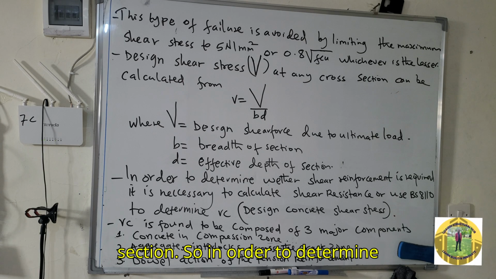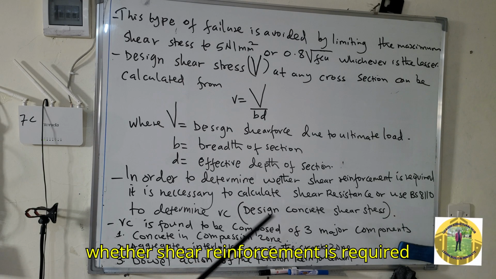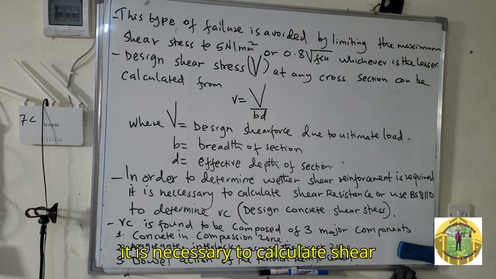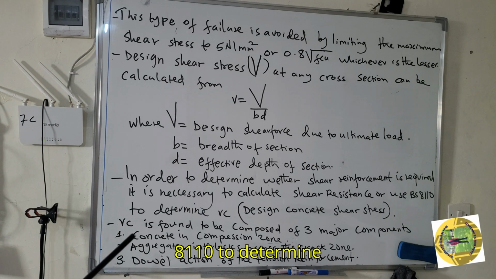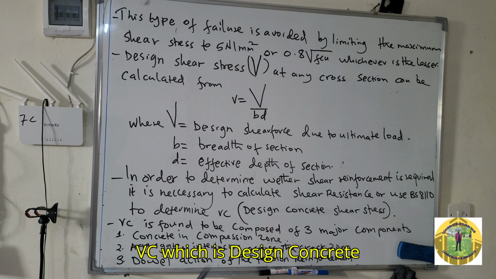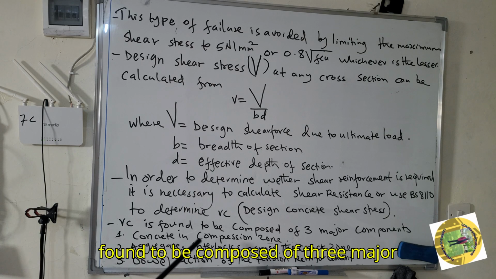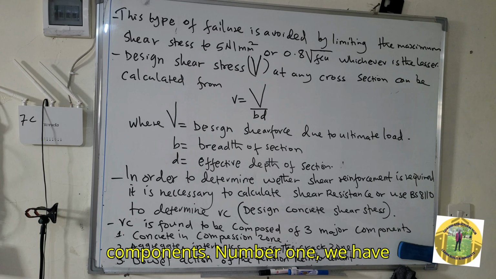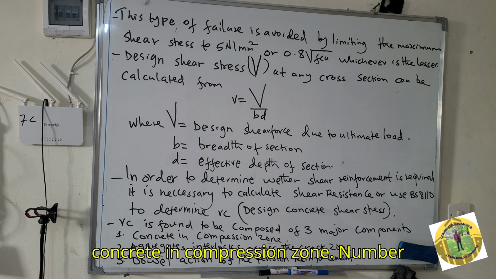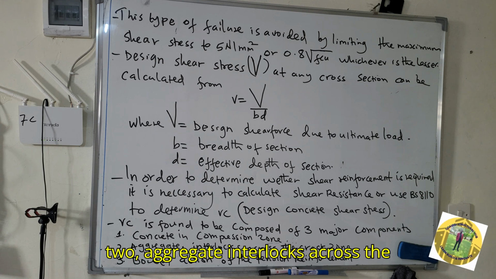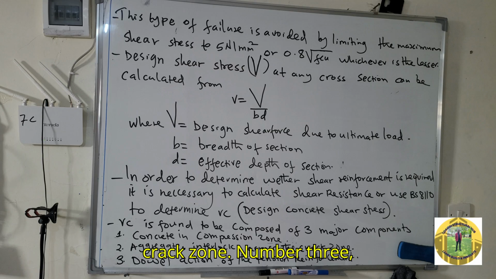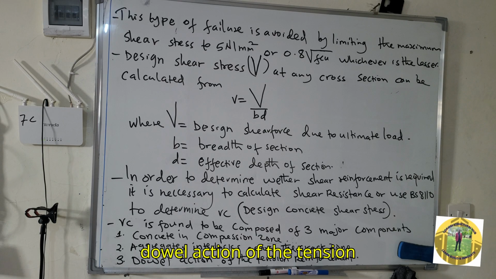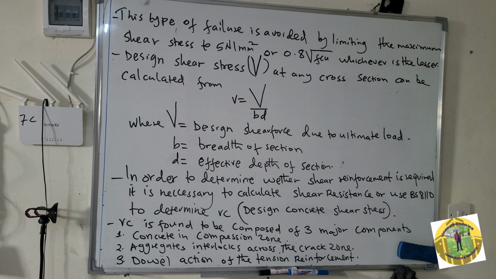In order to determine whether shear reinforcement is required, it is necessary to calculate shear resistance, or use BS 8110 to determine vc, which is the design concrete shear stress. vc is found to be composed of three major components. Number one, concrete in the compression zone. Number two, aggregate interlock across the crack zone. Number three, dowel action of the tension reinforcement.